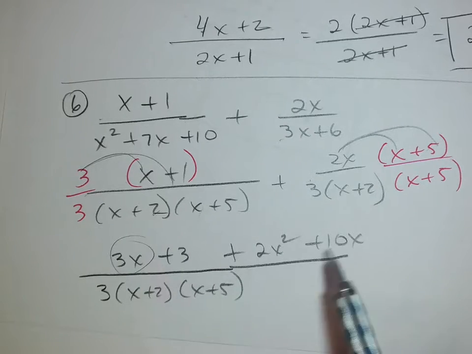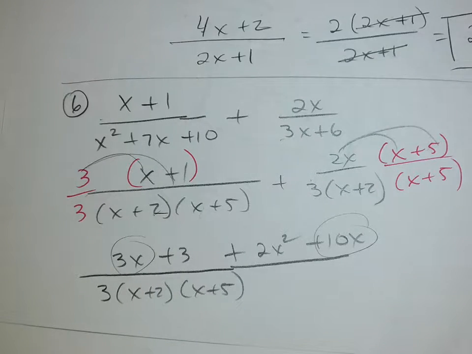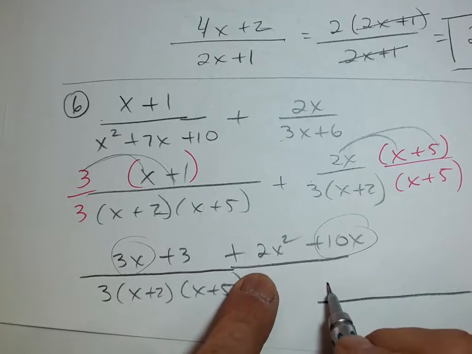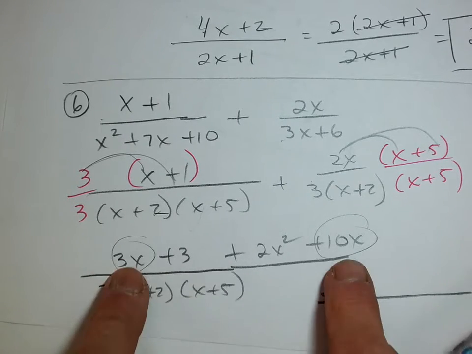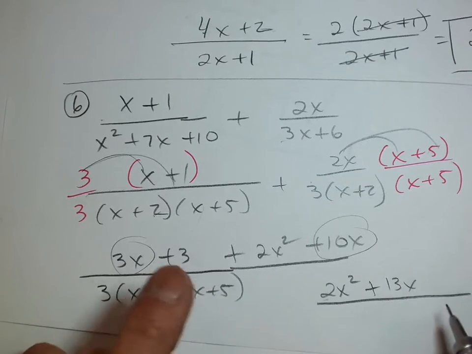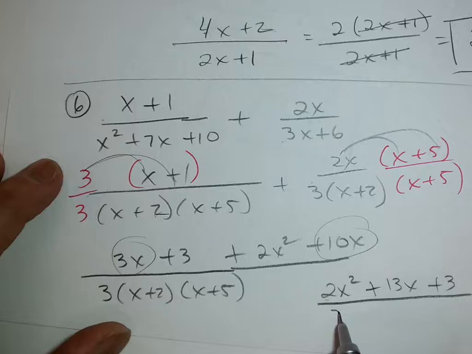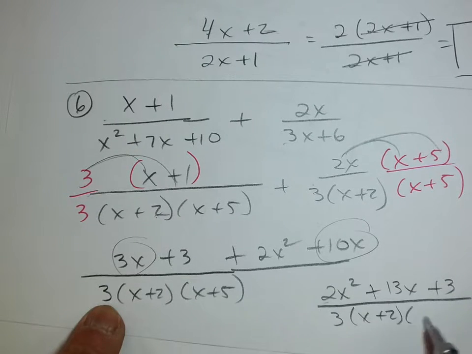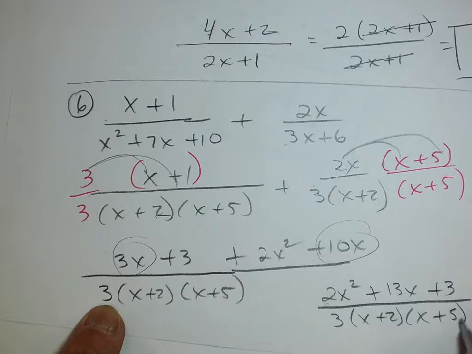And I can put the 3x and the 10x together, right? So my grand answer finally is going to be this: 2x squared plus 13x plus 3 over my common denominator, which is 3 times x plus 2, x plus 5.